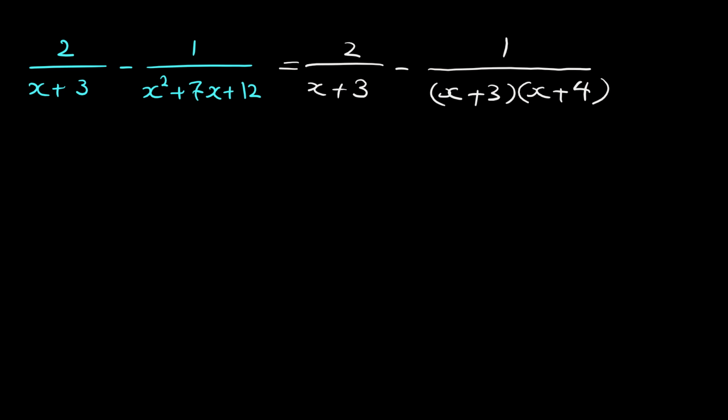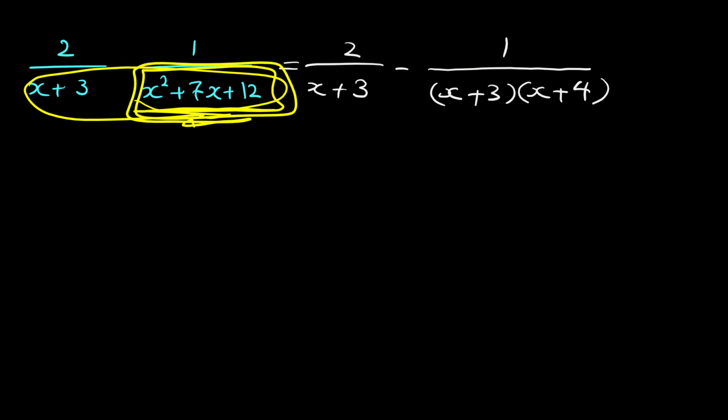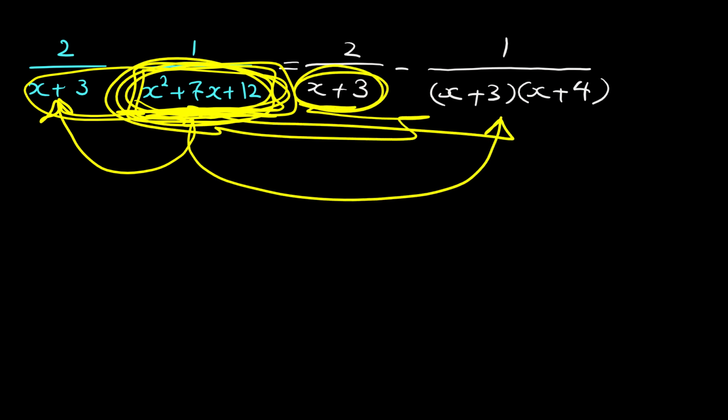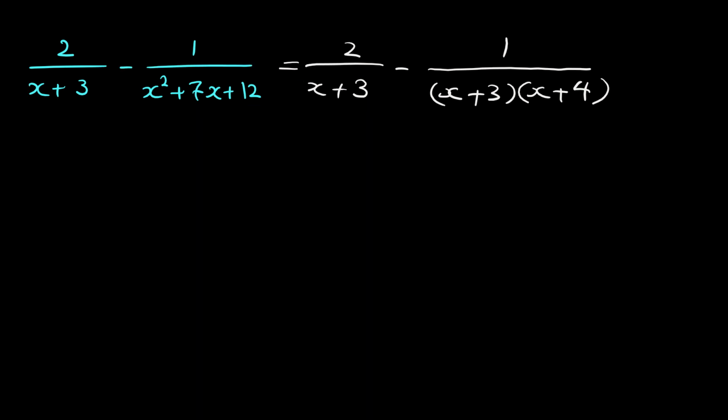But in this original form, it's not clear that in this expression we have that factor. But when we factor this, we can see that in this expression we have the other denominator. So factor the denominators first, then make the denominators the same.